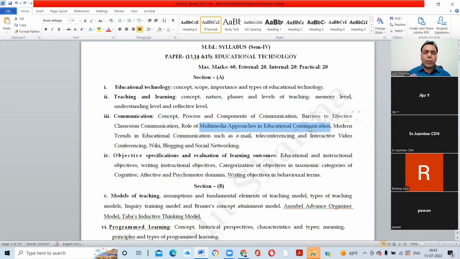You can talk about audio, video, graphics, multimedia. When you use all these things to deliver your lesson, it makes your lesson very effective. This is the multimedia approach in educational communication. And again, there are modern trends in educational communication. So what are the modern trends? Email.